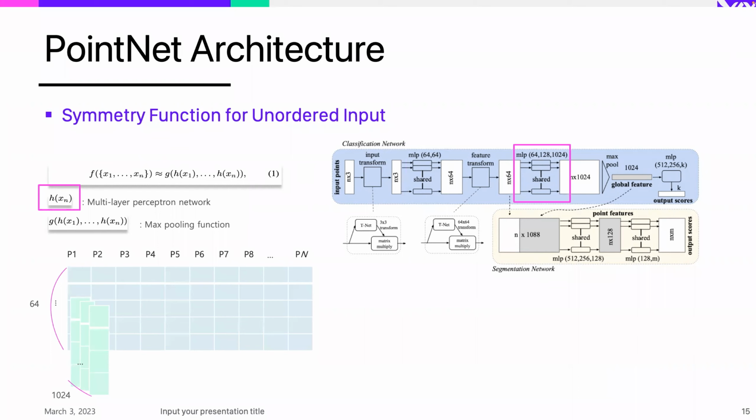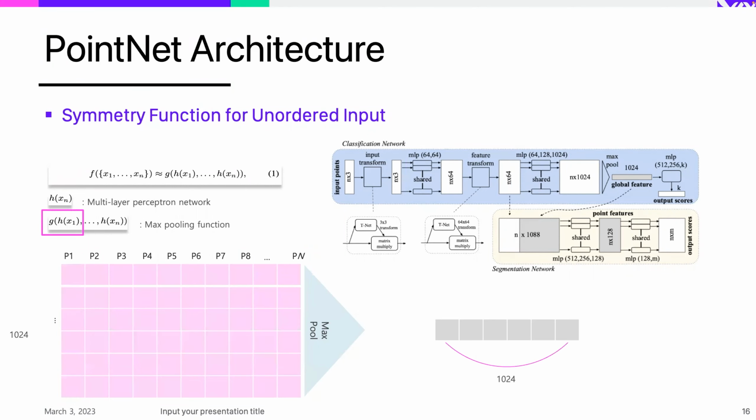Similarly, the MLP consumes the transformed feature map and outputs a feature map from 64 to 1024. This is what function h stands for. What about function g? This is a symmetric function.